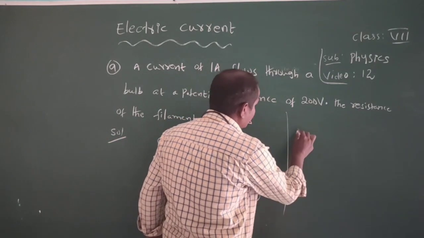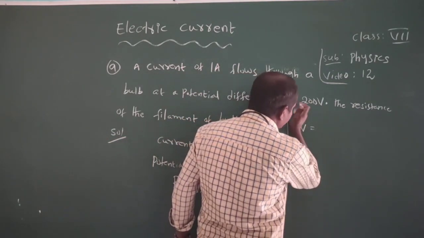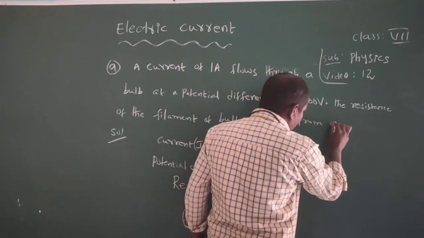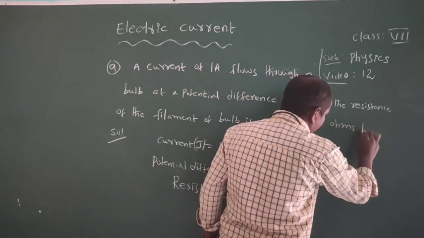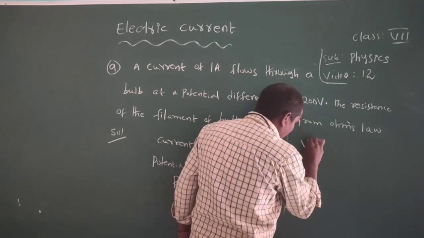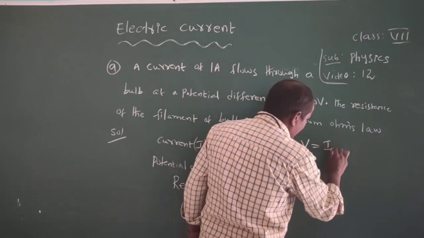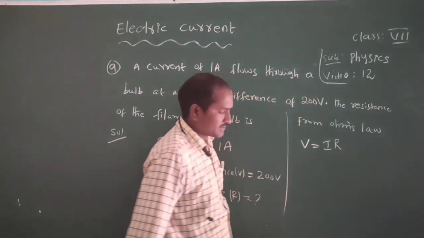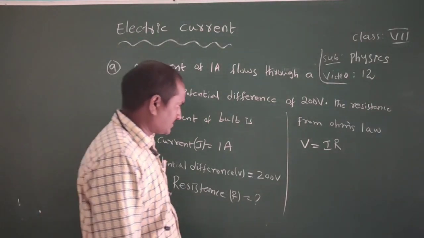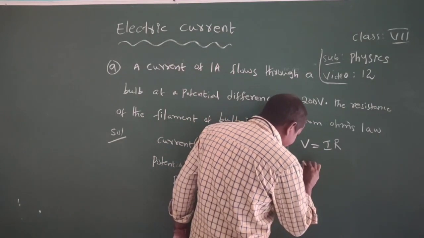So we know from Ohm's law that V is equal to IR. From this, our aim is to find the resistance.